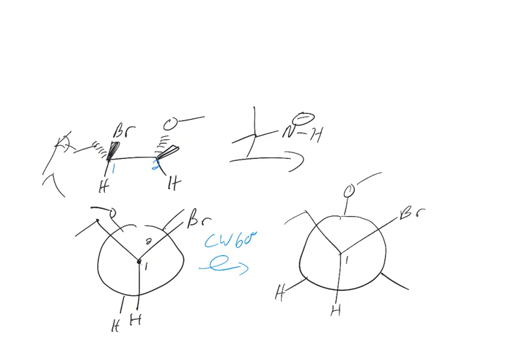Alright, there's 1 and 2. And so now what I have, these two in an anti-periplanar conformation. And so now, if I draw what they're going to make on carbon, if I call this carbon 1 and this carbon 2, so carbon 1 still has an ethyl and an H on it. So I'm going to put the ethyl here and the H here, just arbitrarily chose that.